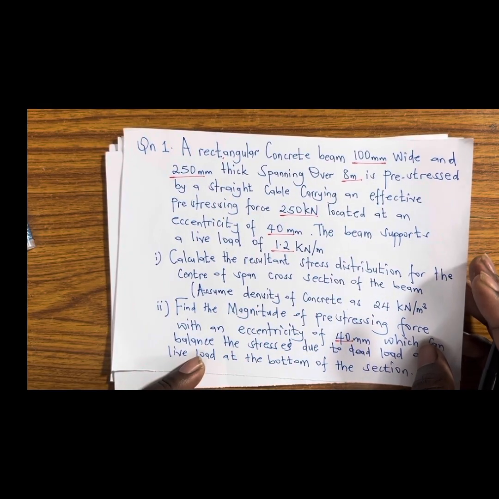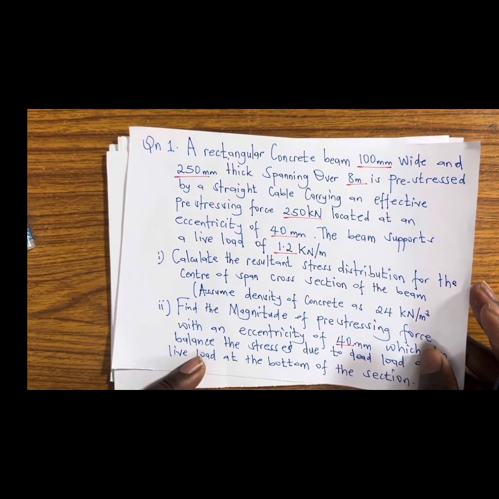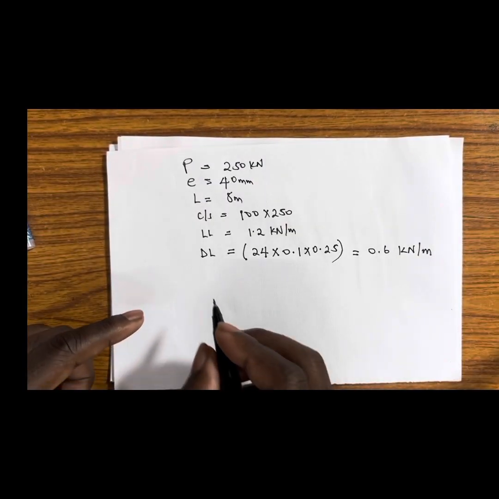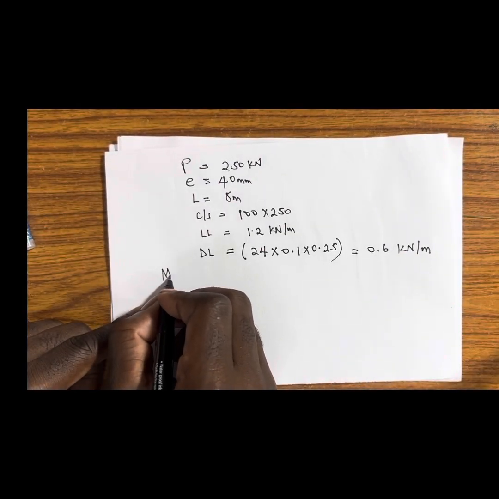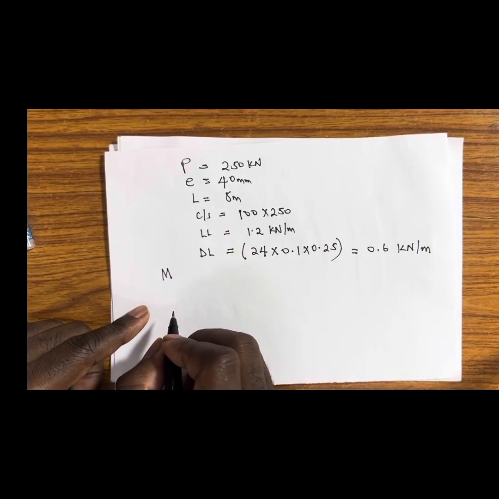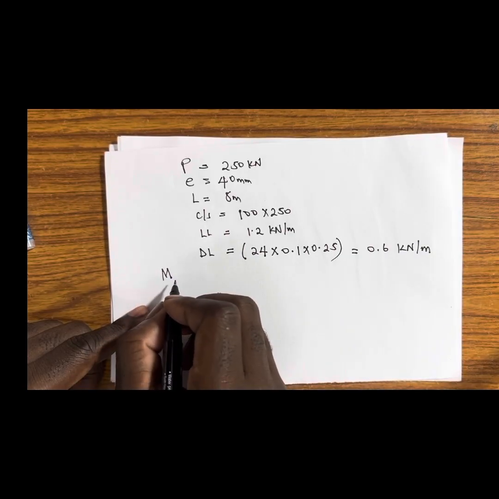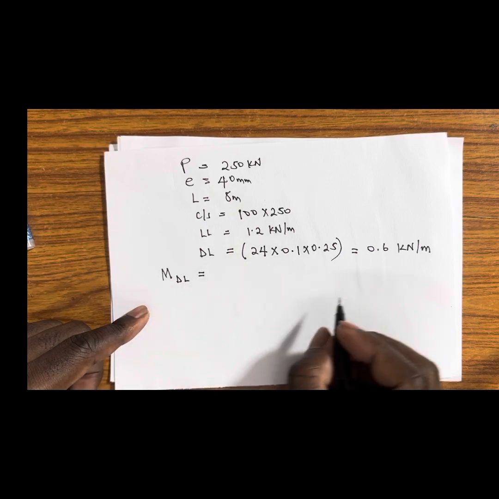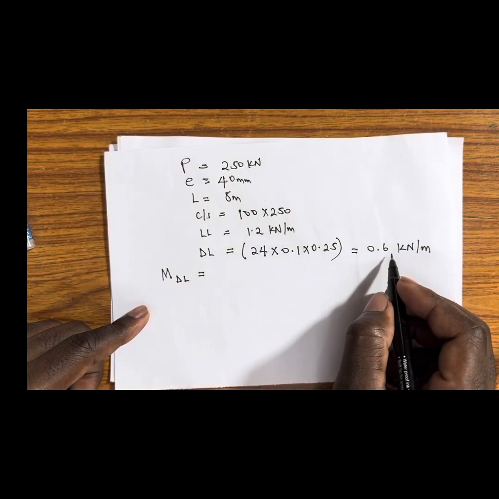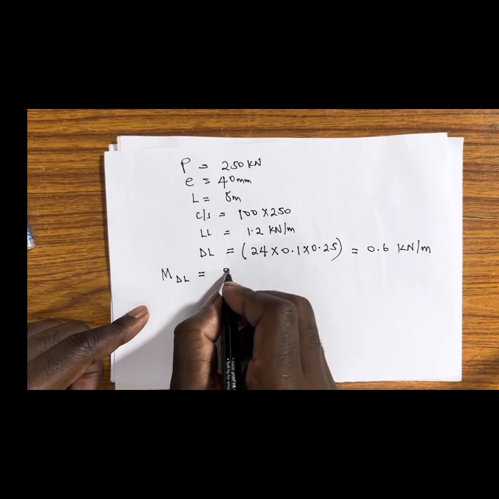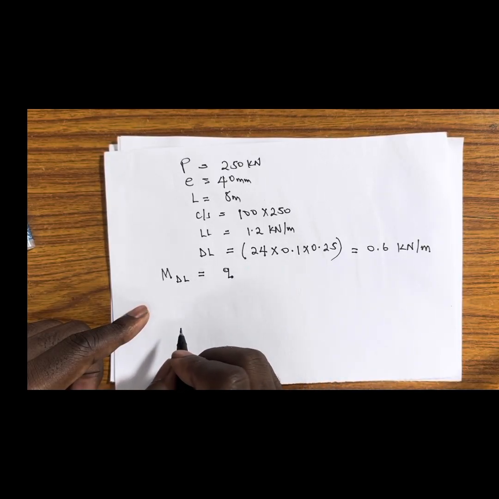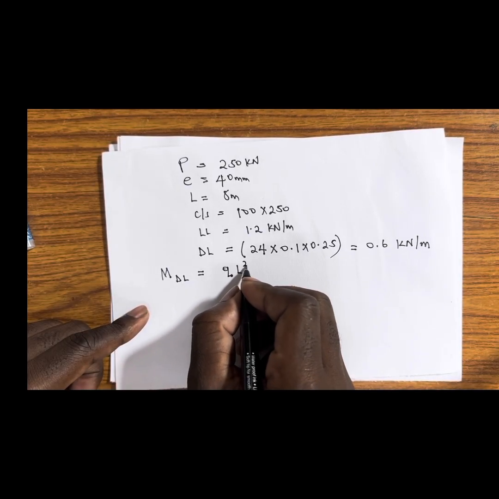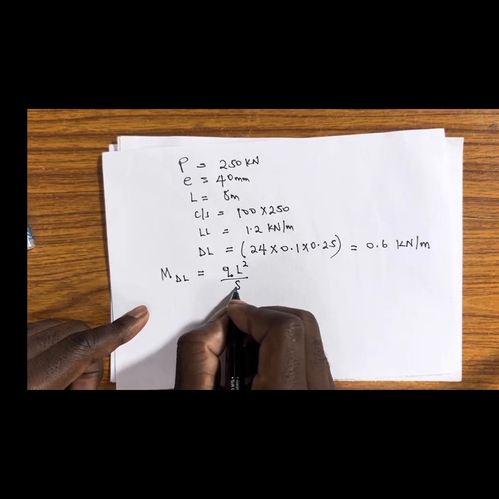So let's have a look at how we can proceed with the calculation. Let's start by getting the maximum moment due to dead load. Moment due to dead load is going to be the dead load, I'm calling it q, L square out of 8.